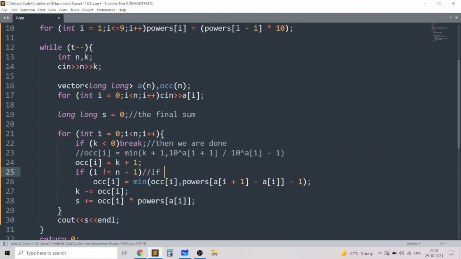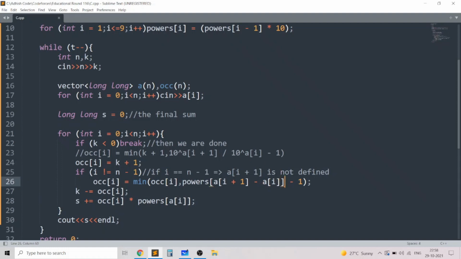And there's a border case. If i is equal to n minus 1, this means that ai plus 1 is not defined. That's why only when i is not equal to n minus 1, we take the minimum with 10 to the power of ai plus 1 minus 10 to the power of ai, minus 1.